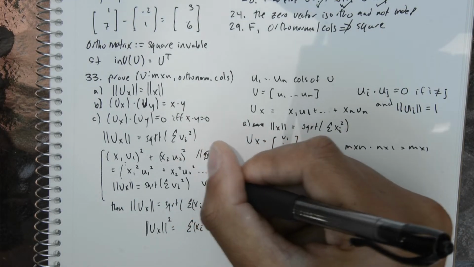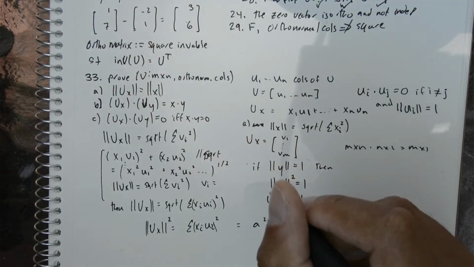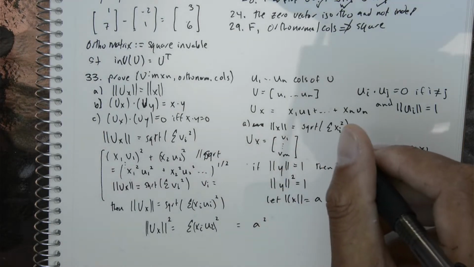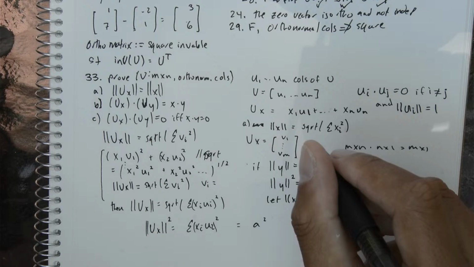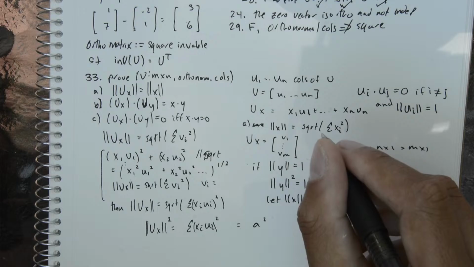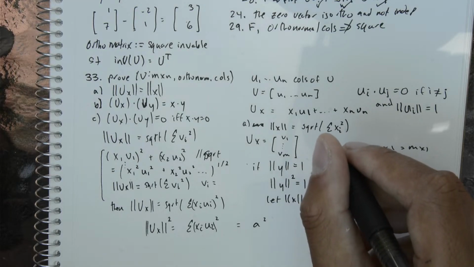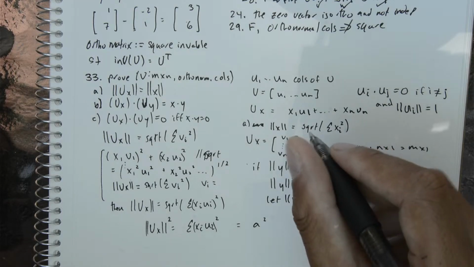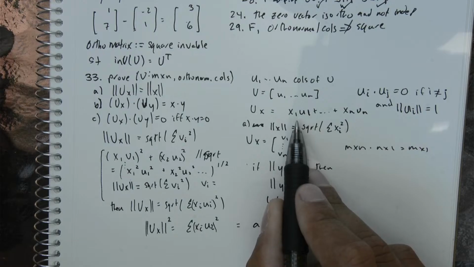And vi is equal to... the vi is going to be the first element of this sum.